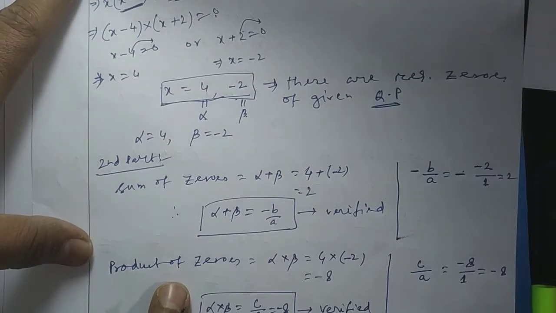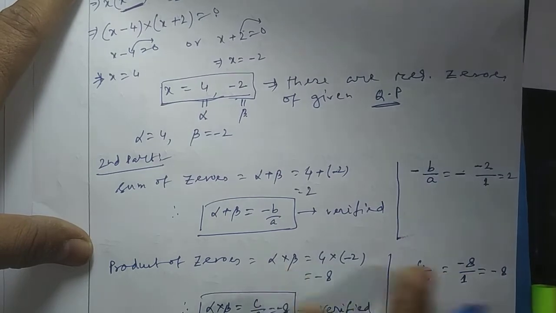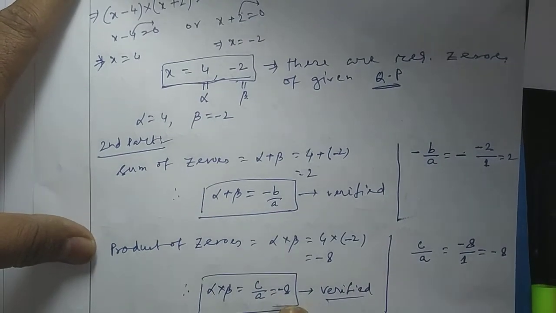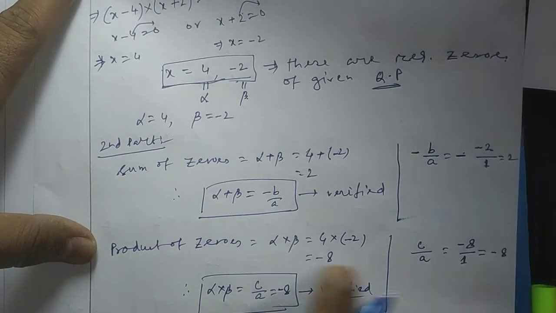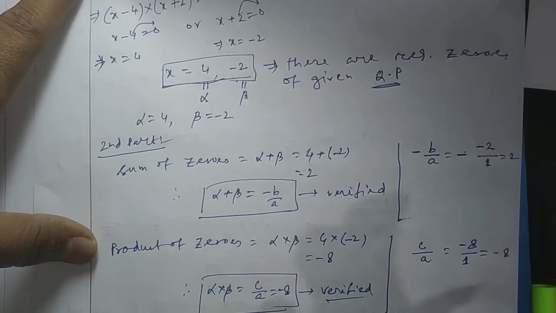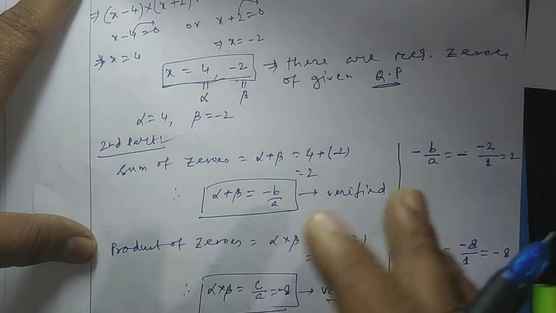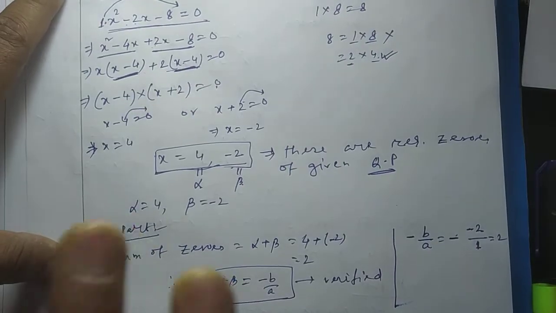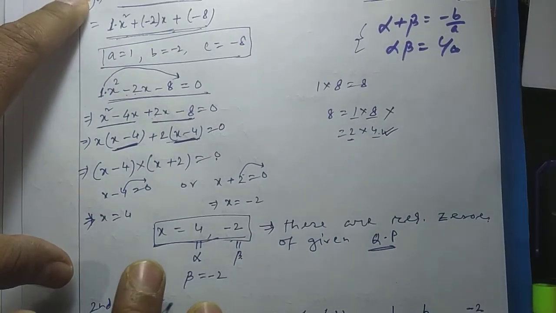Similarly, find alpha into beta, and at the same time find c by a. Then compare. If both are equal, it is verified, otherwise not. In this way, you have to verify the given relations. Understood or not? So in this way, the first question has been solved.